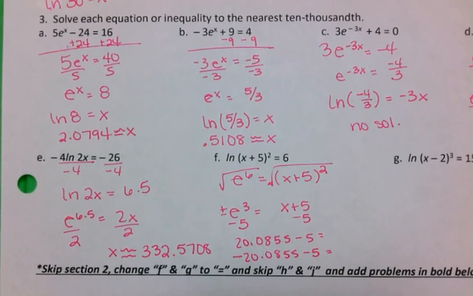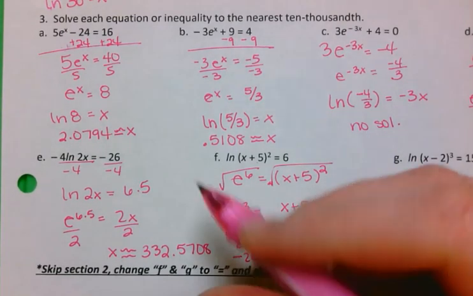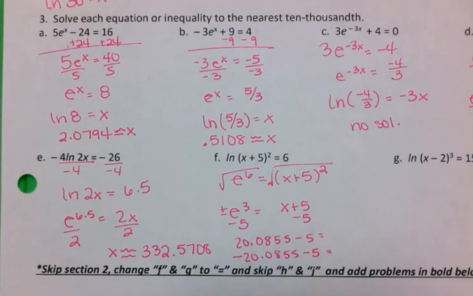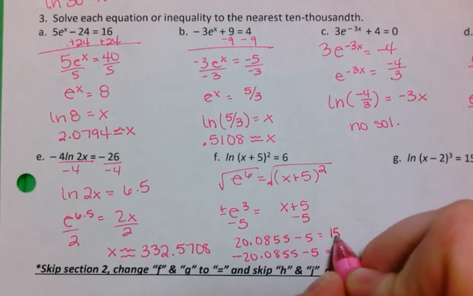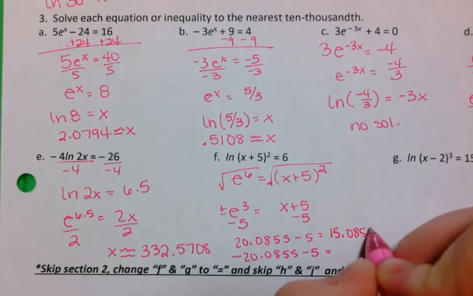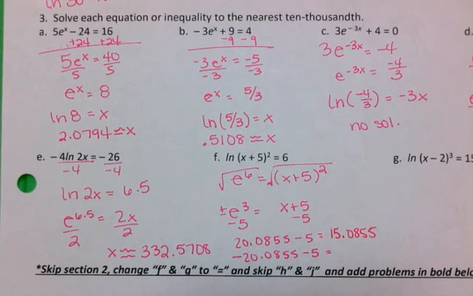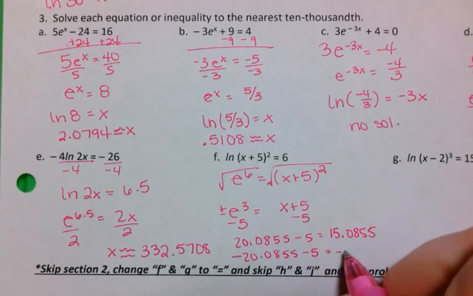So 20.0855 minus 5 is 15.0855, and negative 20.0855 minus 5 is negative 25.0855.